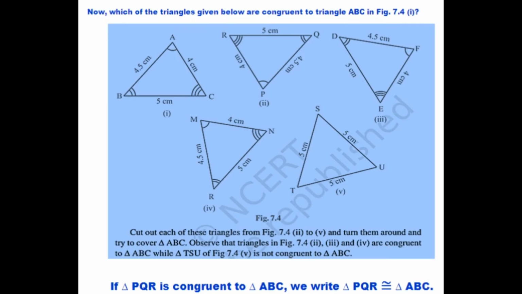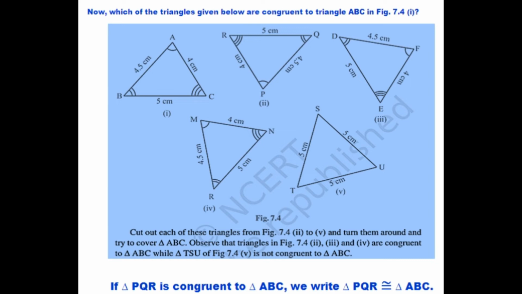Now we will see which of the triangles given below are congruent to triangle ABC. In figure 7.4, see five figures given, 1, 2, 3, 4, 5. What you have to do is cut out each of these triangles from figures 2 to 5 and turn them around and try to cover triangle ABC.